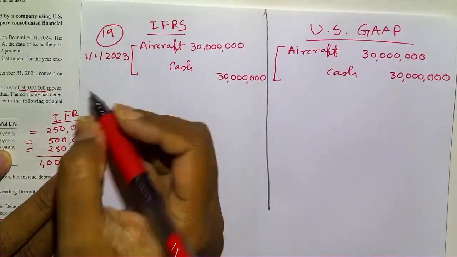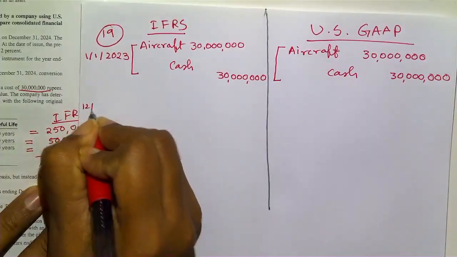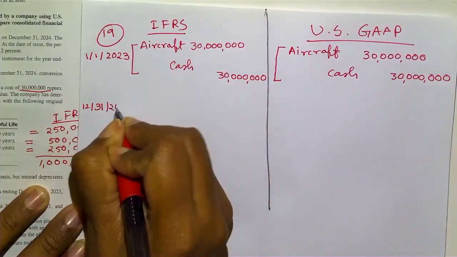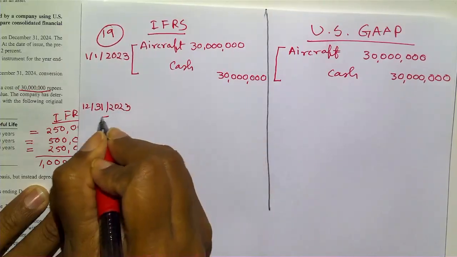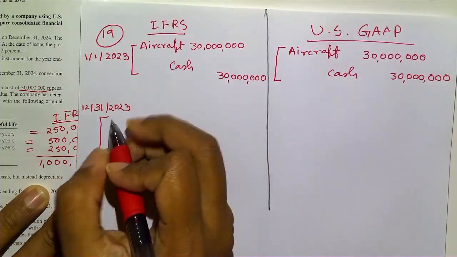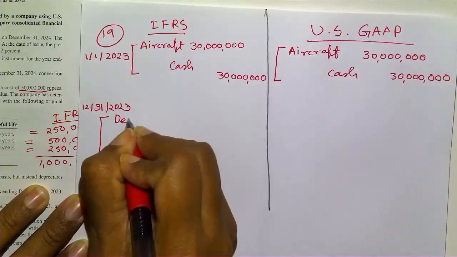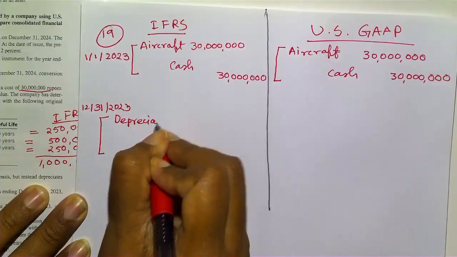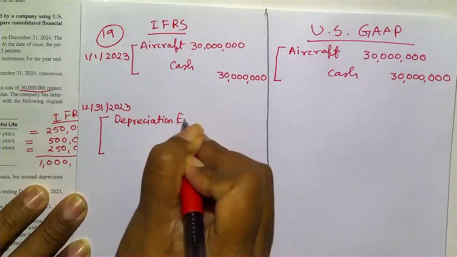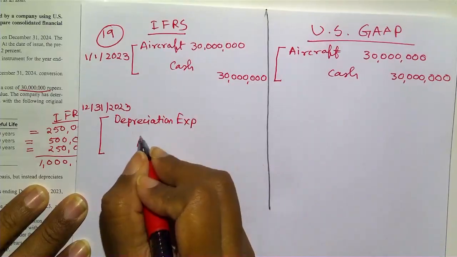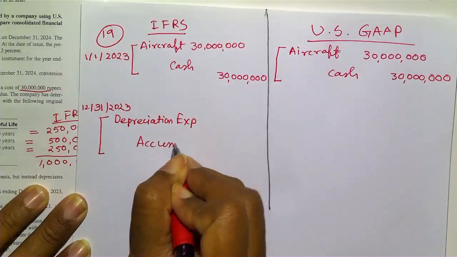So IFRS will do, this is December 31st, 2023. You will debit depreciation expense, and you will credit accumulated depreciation.